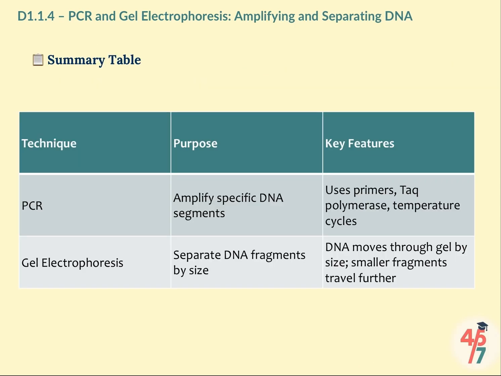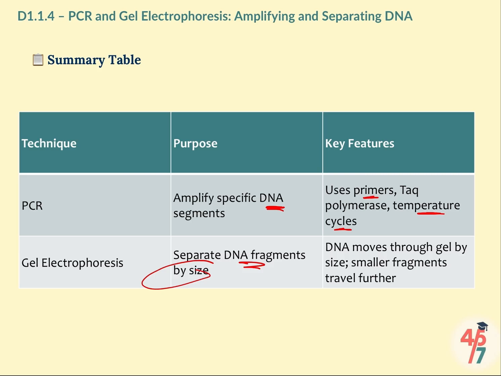And this is a summary table between PCR and gel electrophoresis. PCR amplifies a specific DNA sequence. It makes exponential copies of it, and gel electrophoresis separates them by size. The key features you should know: we use primers, Taq polymerase, and temperature cycles in PCR.